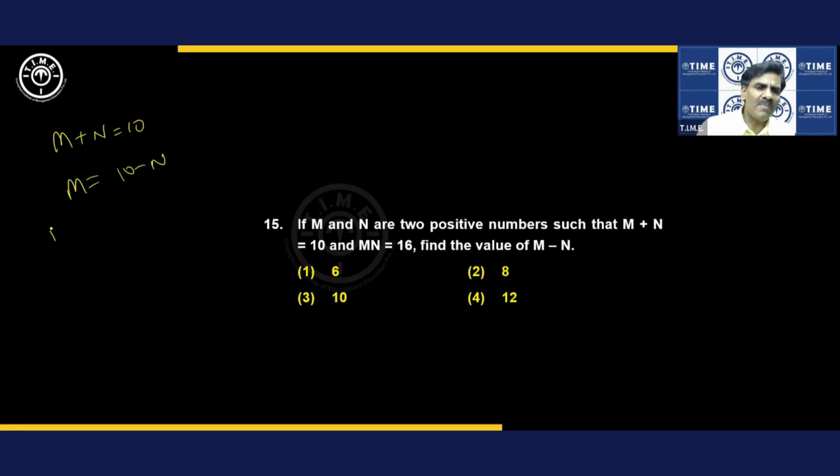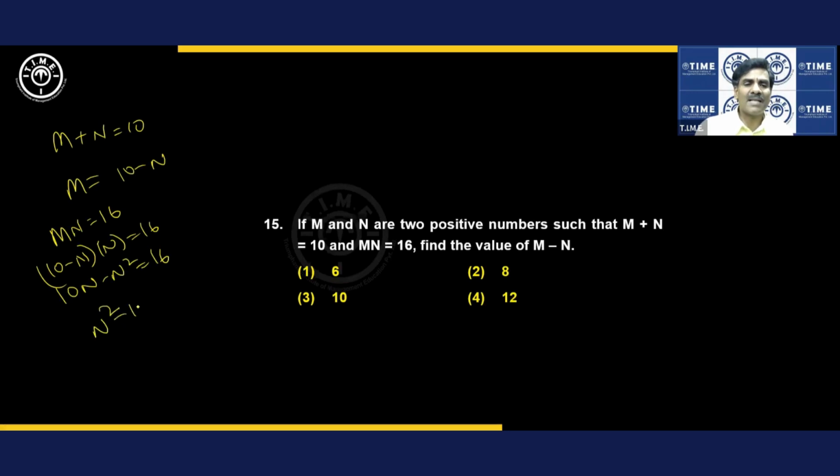Since m into n is 16, we write 10 minus n into n is 16. In other words, 10n minus n square is 16. Bringing everything to the left hand side, n square minus 10n plus 16 should be equal to 0. Factorization gives us n minus 2 into n minus 8 is 0. So n should be 2 or 8.